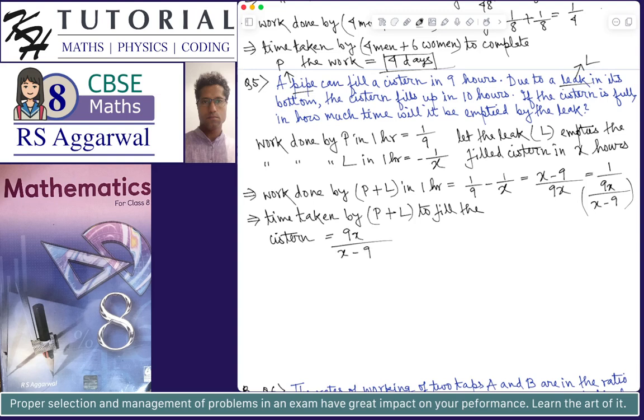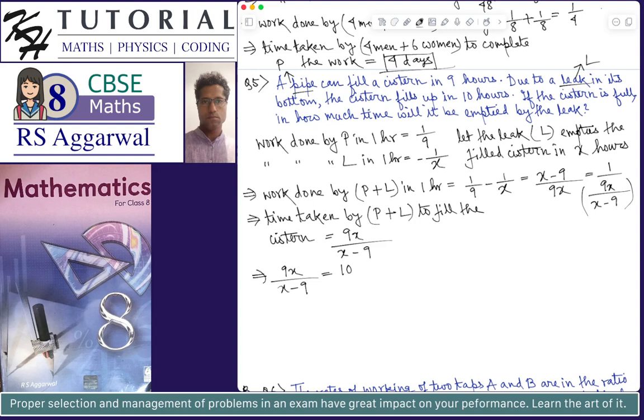Now, in the problem, it is given that due to a leak in its bottom, the cistern fills up in 10 hours. The cistern fills up in 10 hours means that the pipe along with the leak is filling up the full cistern, which is initially empty, in 10 hours. So we can say that 9X by X minus 9 is equal to 10.